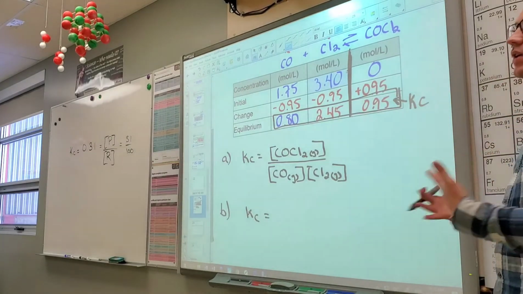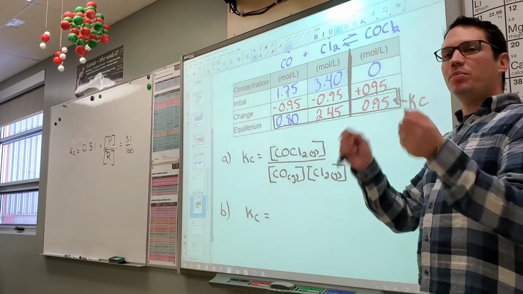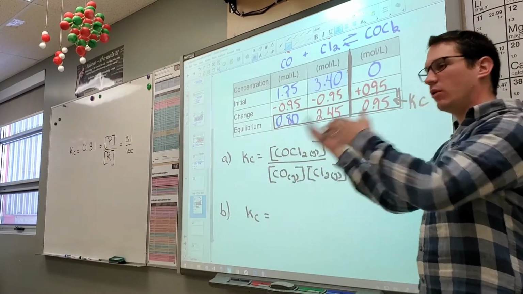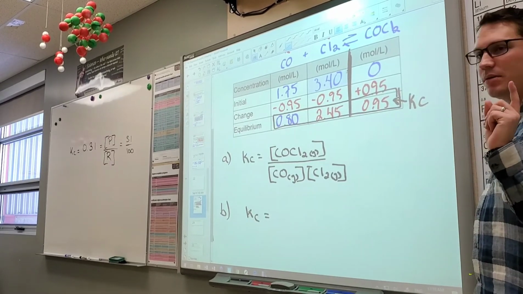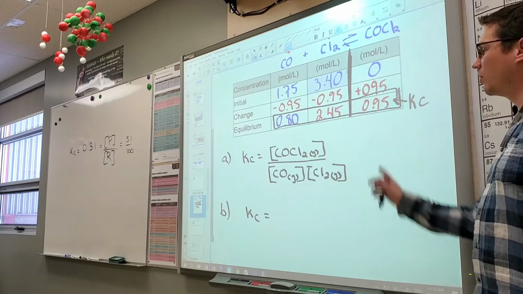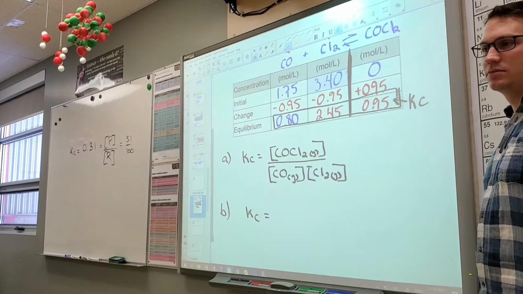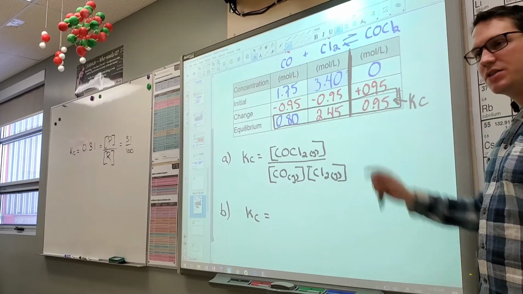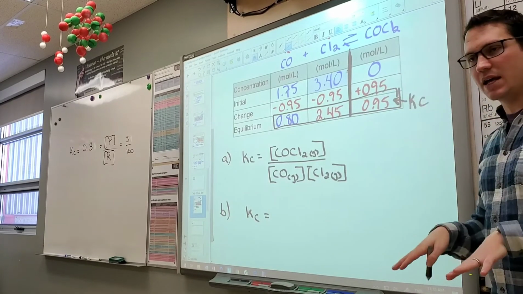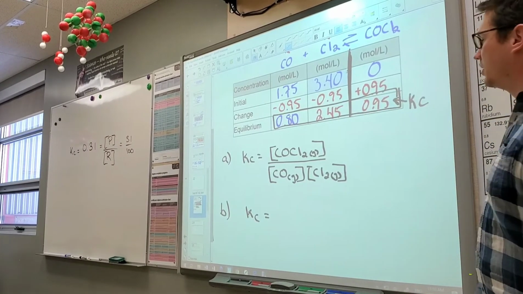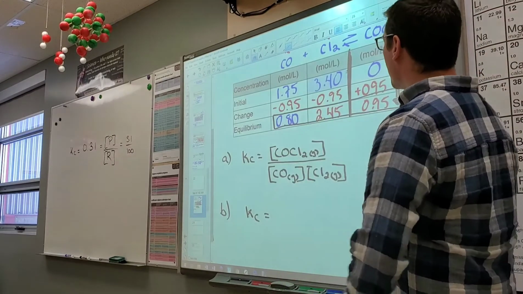So what are you thinking? Does there appear to be more reactants or more products? This one's tough. But does there kind of appear to be more reactants or more products? More reactants, right? So what are we assuming the Kc is going to be, bigger than 1 or less than 1? Less than 1.